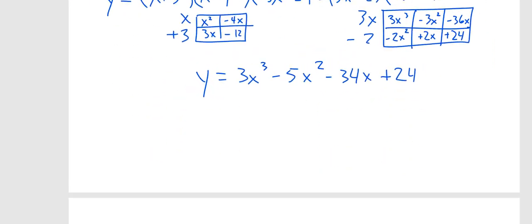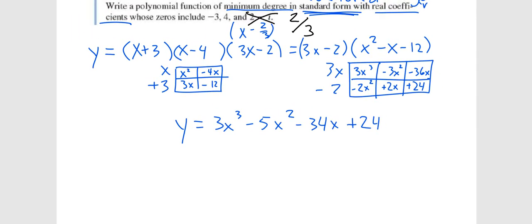Do you have a question? There won't be any XY. So that should be 3x.